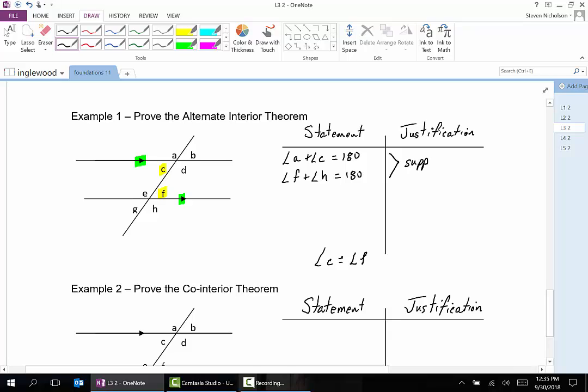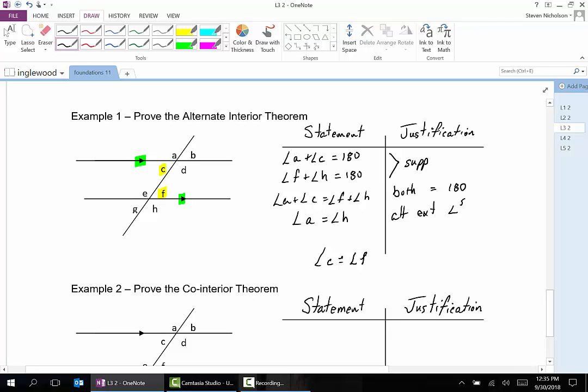Given that, if they're both equal to 180, they're both equal to each other. Angle A plus angle C and angle F plus angle H are equal to each other because they both equal 180 degrees.